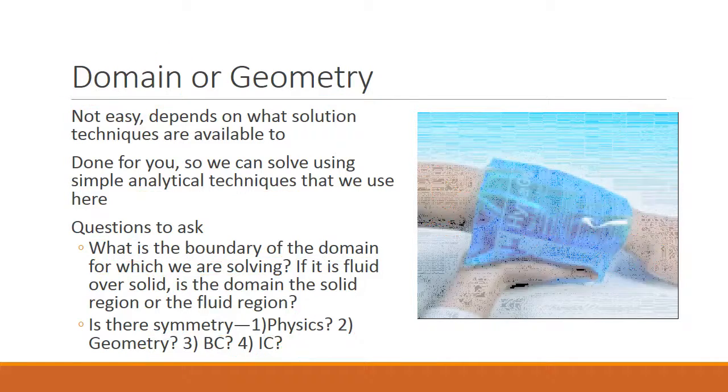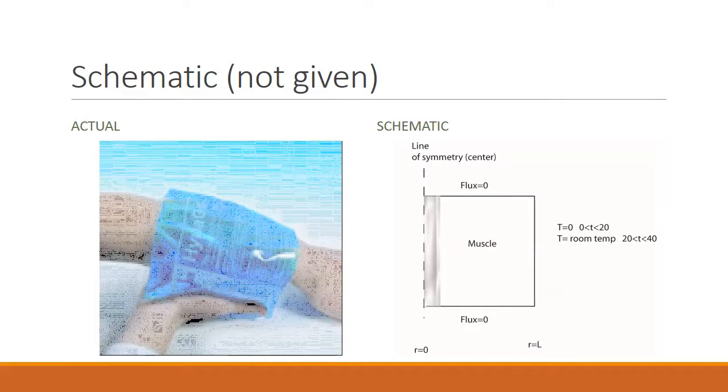The next step is the schematic. Because of the symmetry, you understand that the schematic is not given to us this time. But because we did all that discussion and made all the assumptions, now we can draw it.